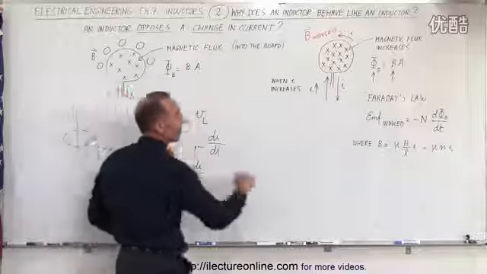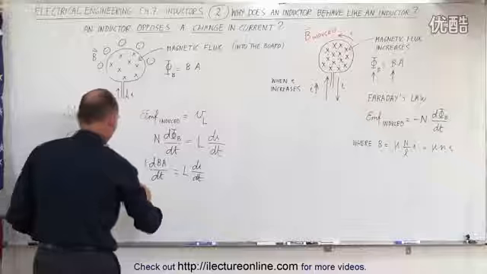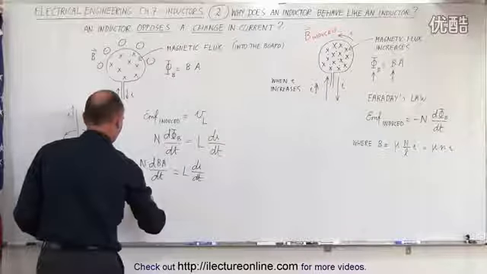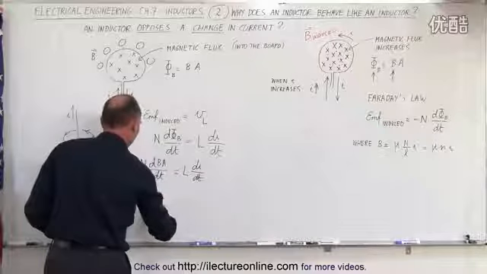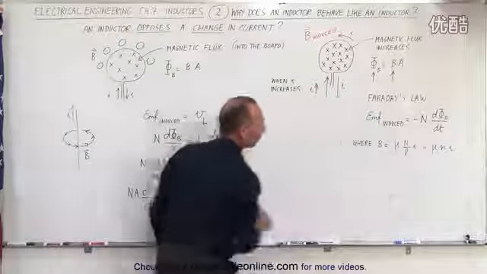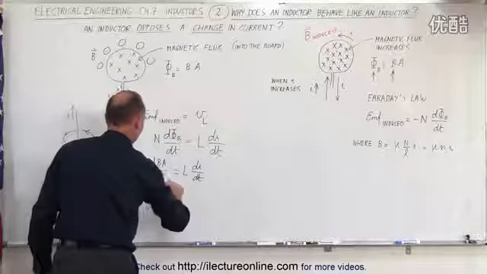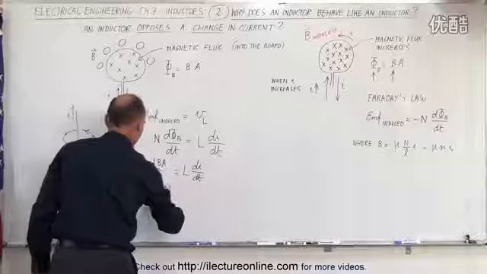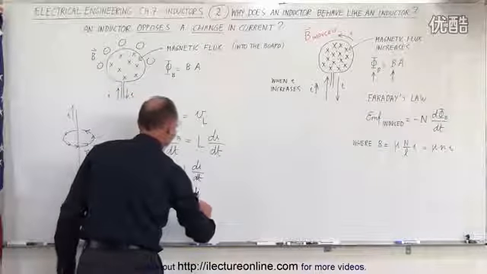So this can now be written as N times A, because the cross-sectional area doesn't change, times the rate of change of the magnetic field, and the magnetic field of the solenoid is equal to mu N I over L, and that is equal to L times di/dt.